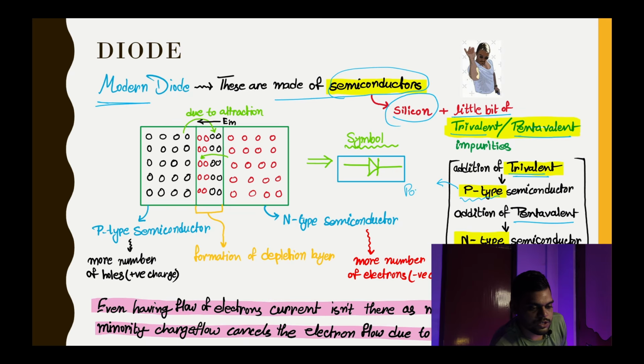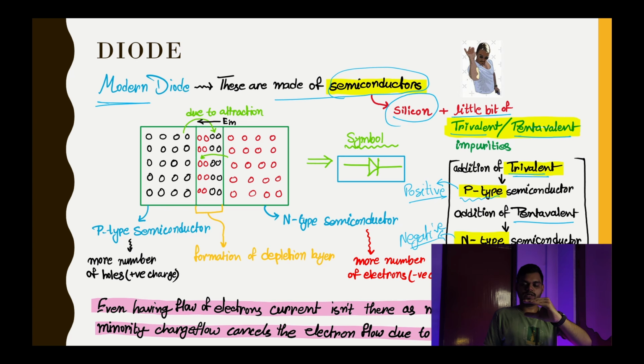P stands for positive and n stands for negative. Okay, so why positive and why negative? Let me explain it. Let's assume we have a p-type semiconductor here.